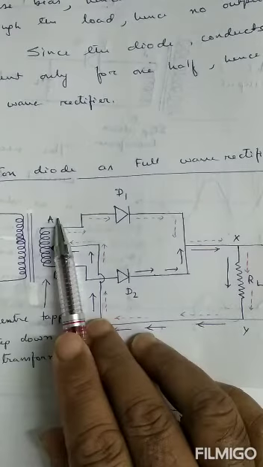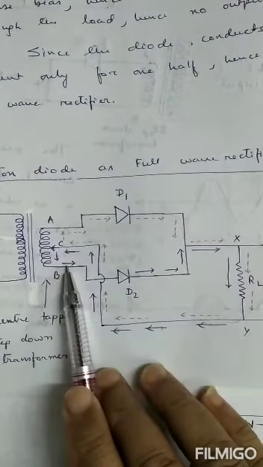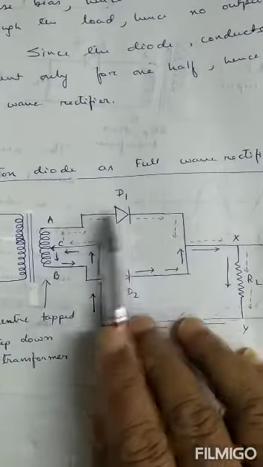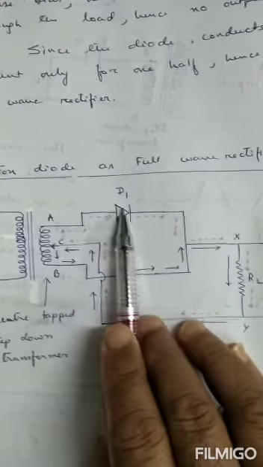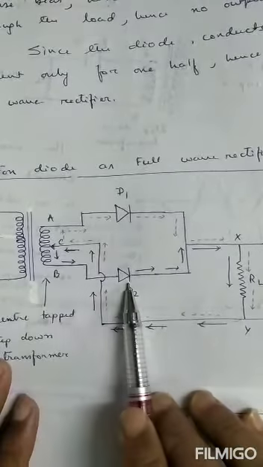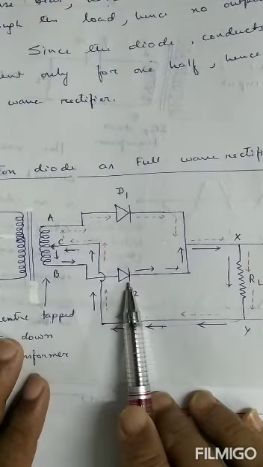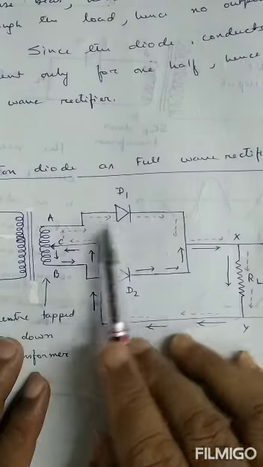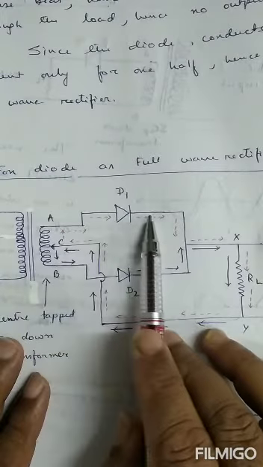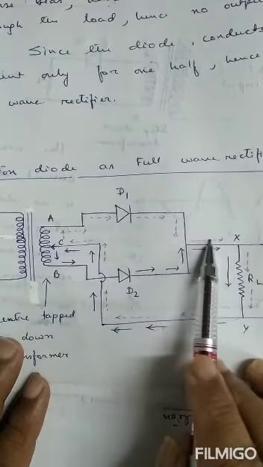When end A is positive, end B will be negative. So the P side of D1 is positive, the diode is forward biased, and D2 is reverse biased. As a result, current flows through the diode D1. It is represented by dotted lines. Have you seen it? It is represented by dotted lines.